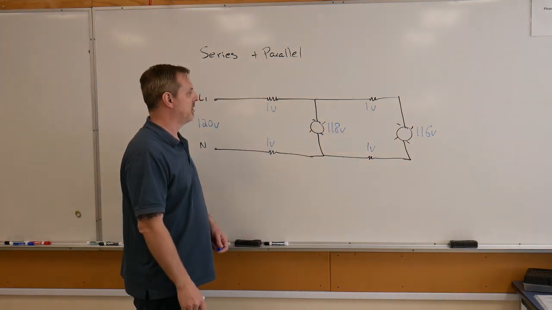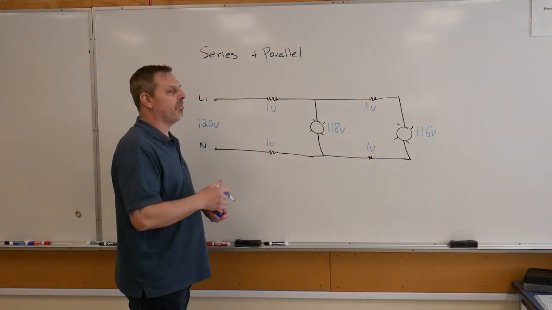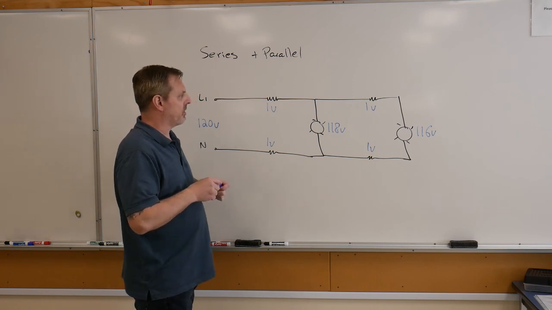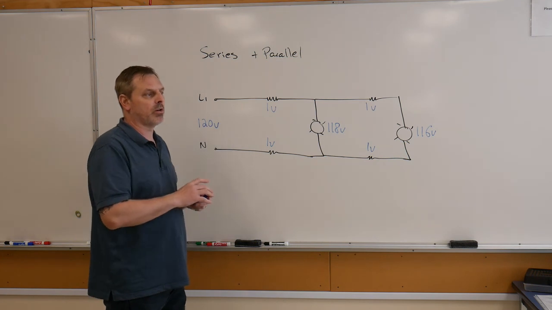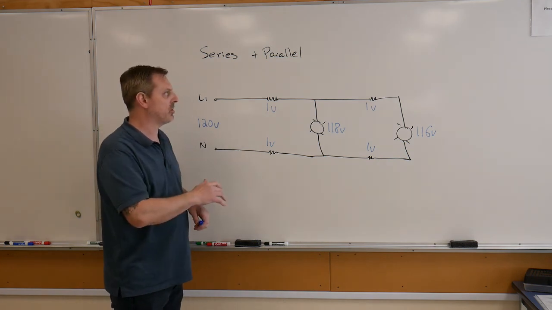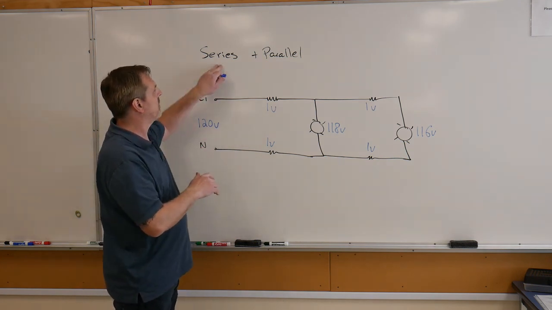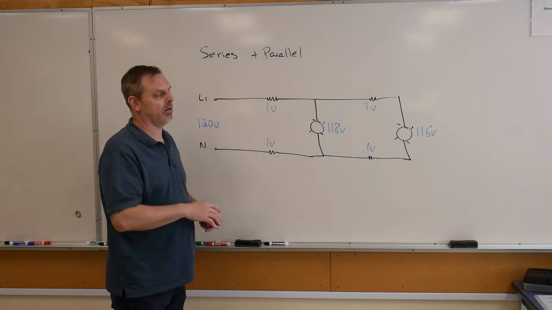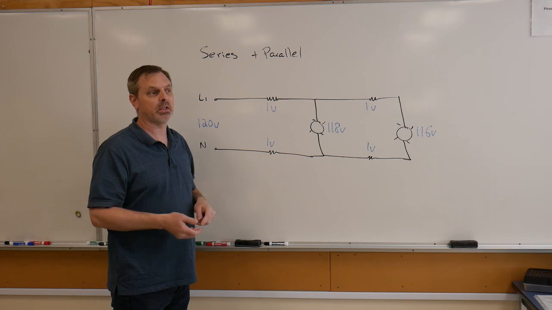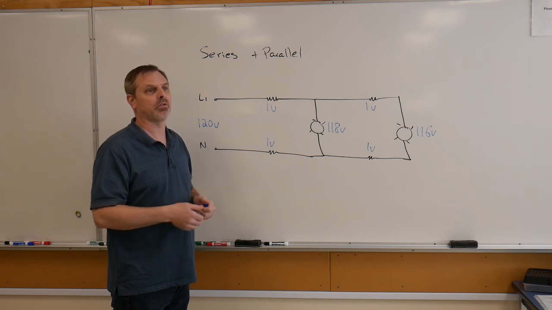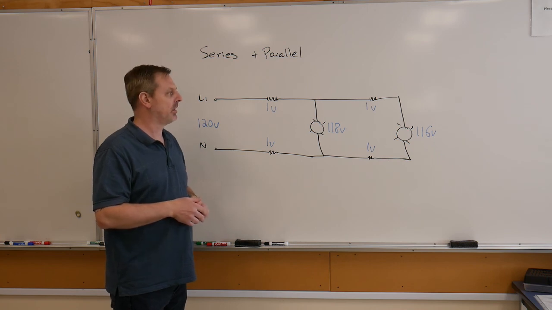So that is the basic principle behind a combination circuit, and it is the reason why we spend a lot of time trying to digest this information and apply both the series and the parallel rules together, in order to give us a better understanding of the results that take place in our everyday lives, in our houses or our industrial establishments, commercial facilities, things like that.